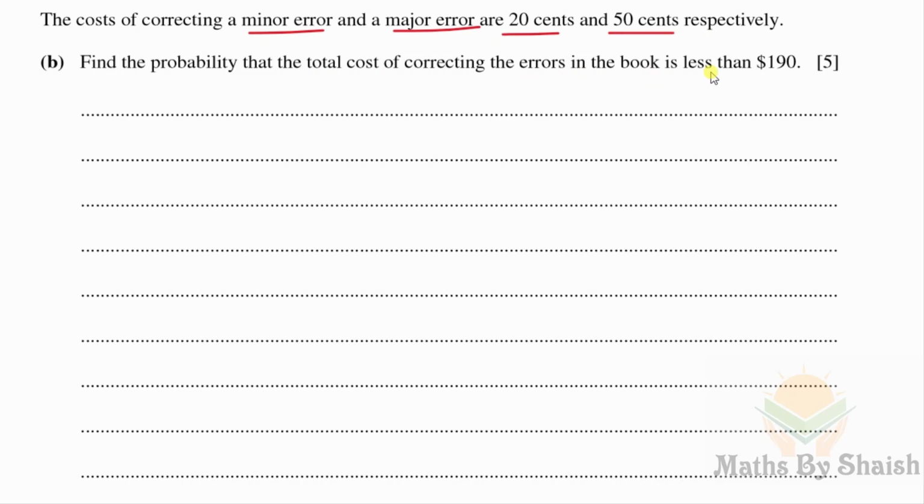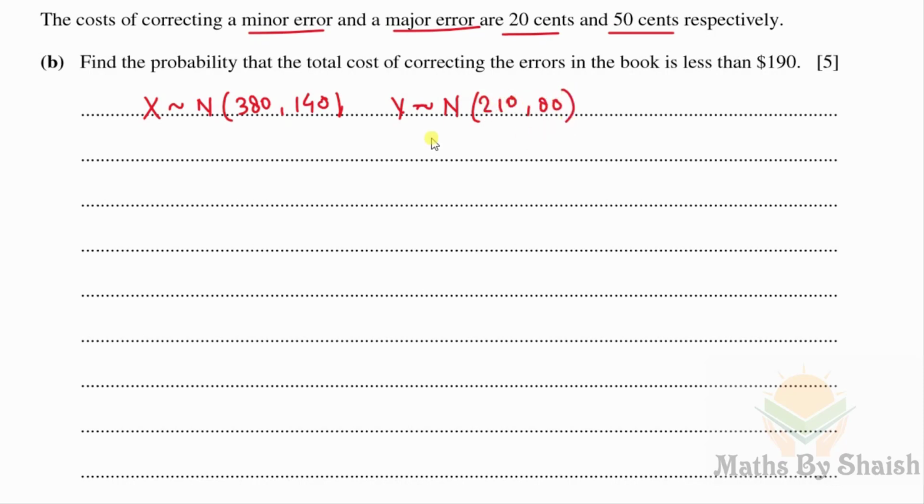The number of minor errors was normally distributed with parameters 380 and 140, and the major errors were again normally distributed with parameters 210 and 80. It is given in the first part.